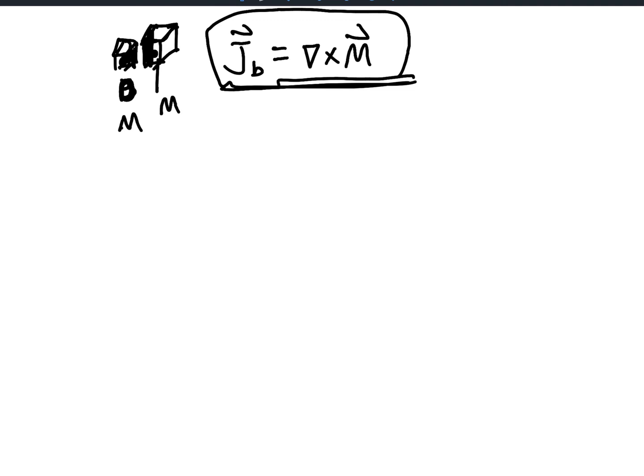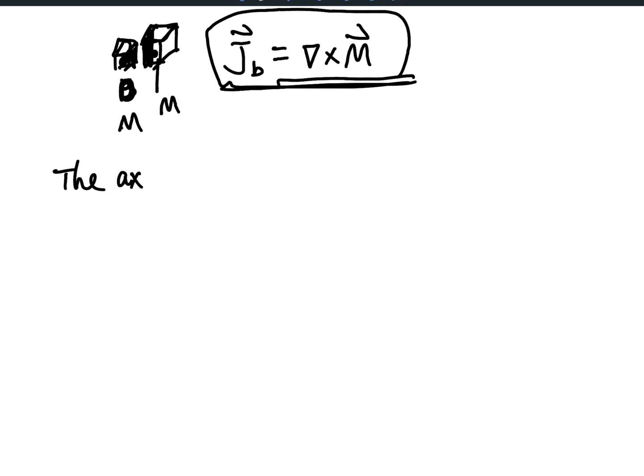Like what we have for polarized objects: we apply an electric field, and it causes the bound surface charge and also creates the bound volume charge, and they change the electric field.